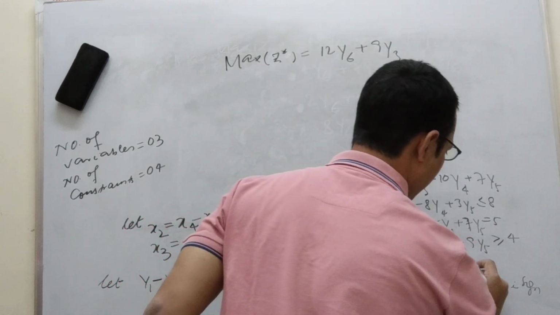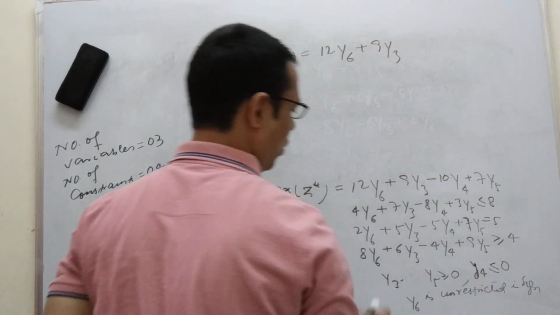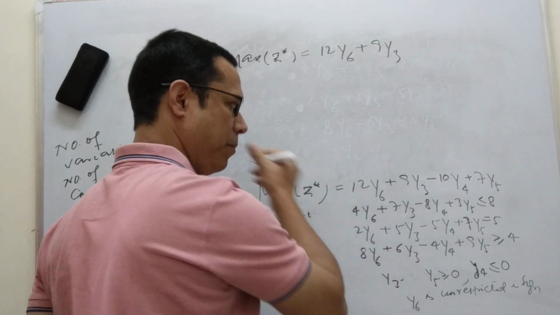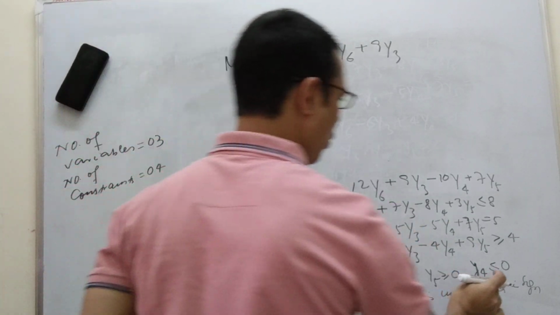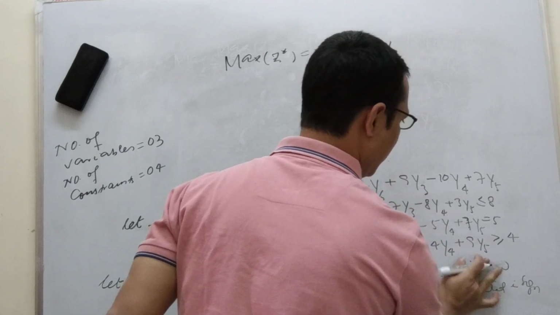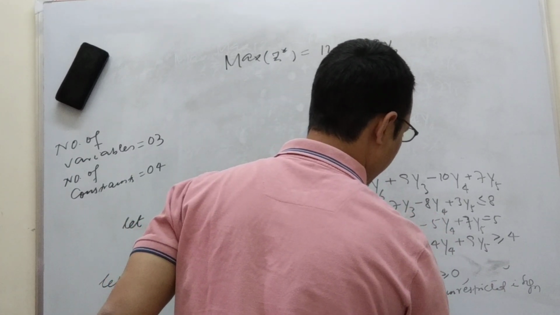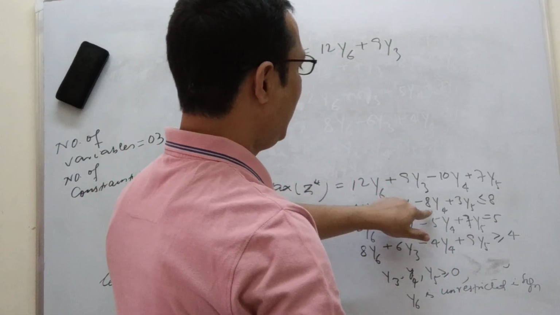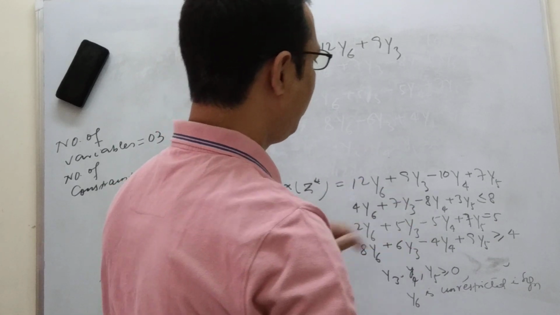It means y4 is now showing less than or equal to 0. Y3 and y5 are already greater than or equal to 0, but y4 is showing less than or equal to 0. Now sorry, y4 is still greater than or equal to 0. Here I am not going to make the changes. Once you make the changes, you need to replace this variable with its negative, so this coefficient will become positive.